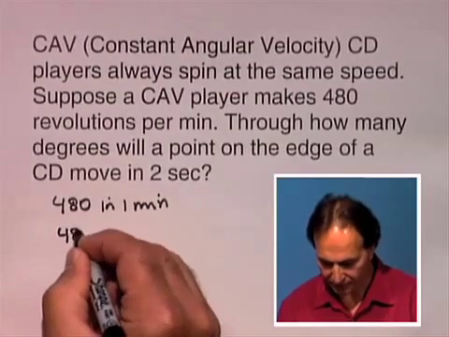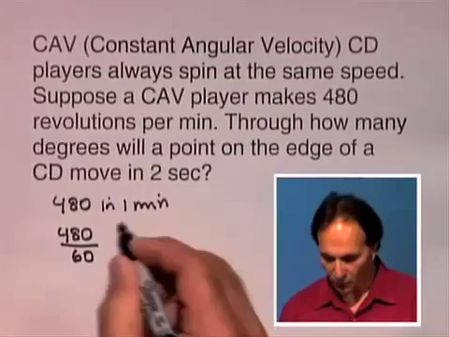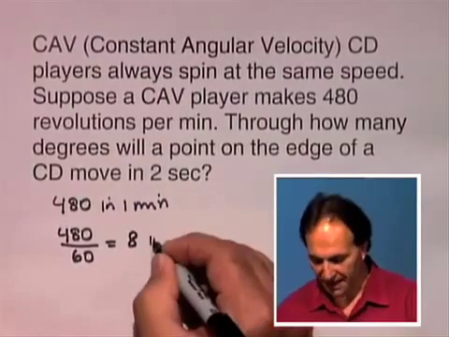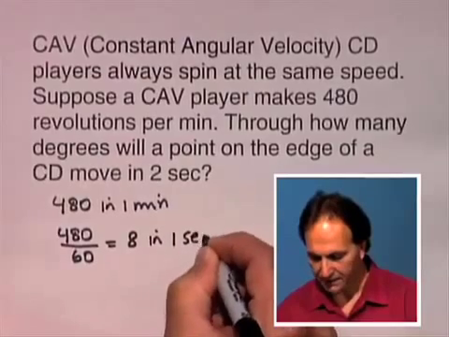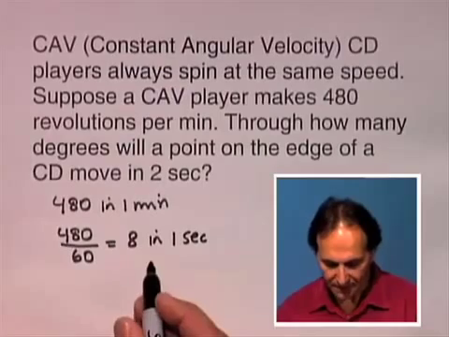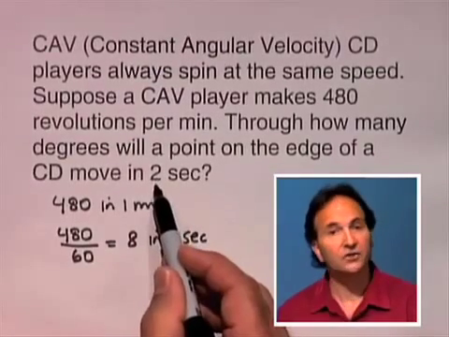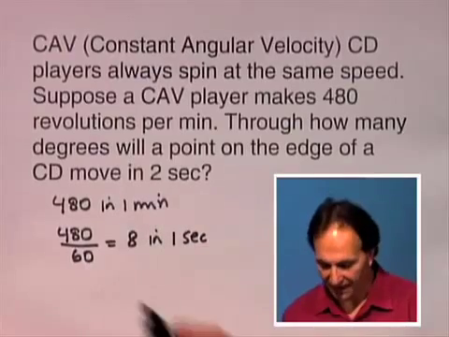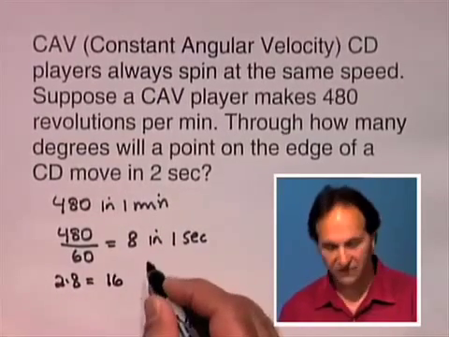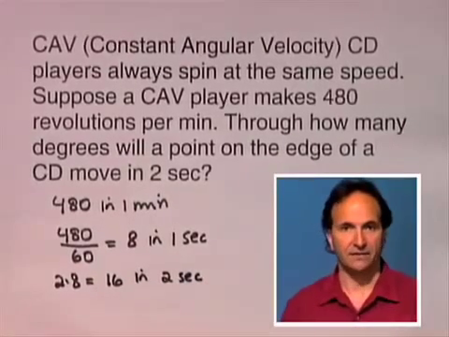So 480 divided by 60, which is equal to 8 revolutions in 1 second. So we have it into seconds now. Next, what we'd like to know is that we're actually looking at 2 seconds. And therefore, 2 times 8, which is 16 revolutions in 2 seconds.